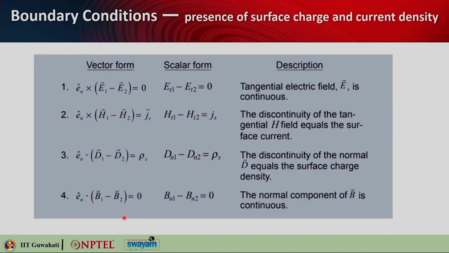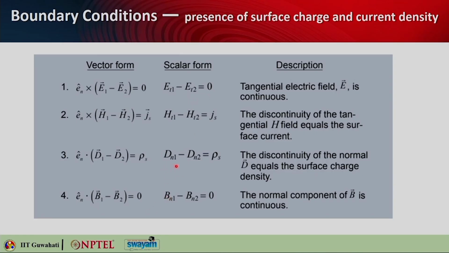So in a tabular form, if I want to show this, you can see this column shows the vector form, and this shows the scalar form of the same equation. As you can see, the difference in the tangential components of the electric field along the interface is 0.